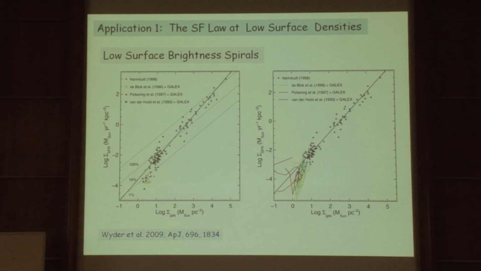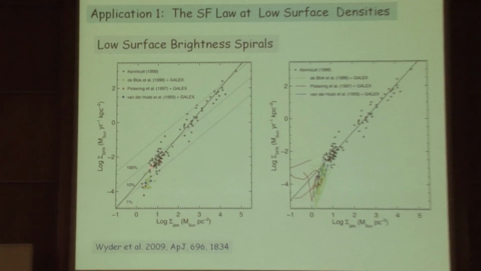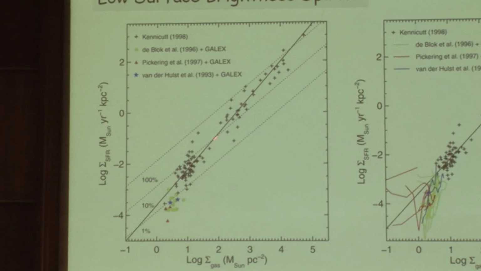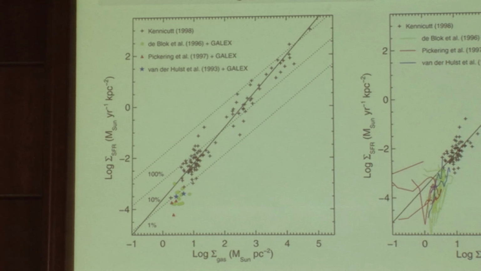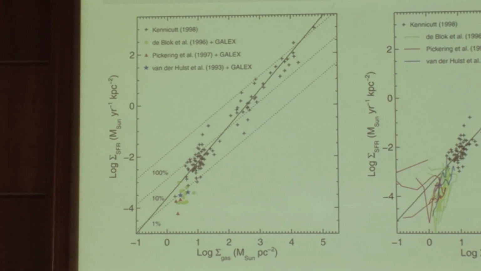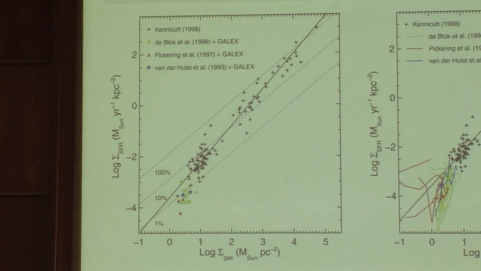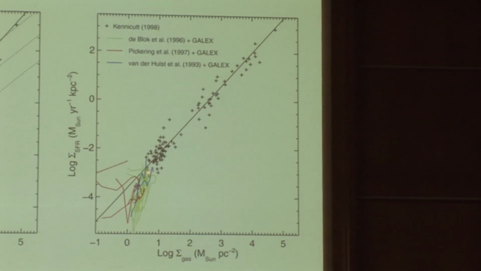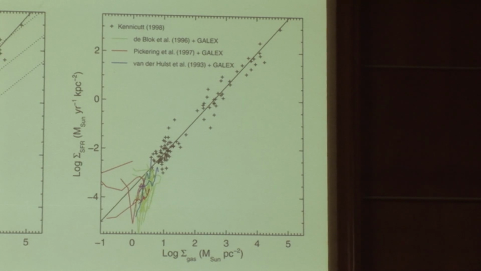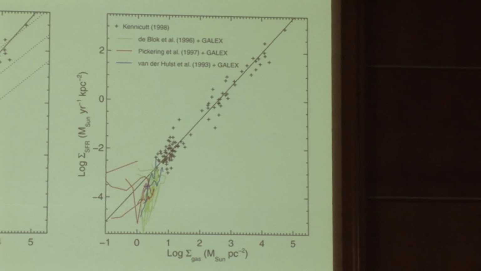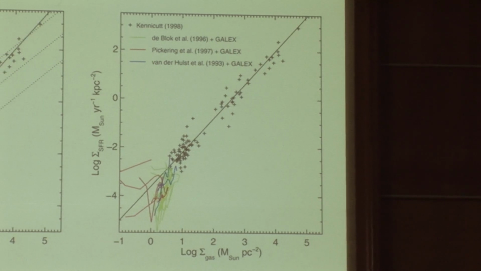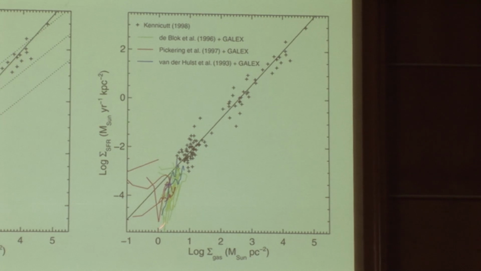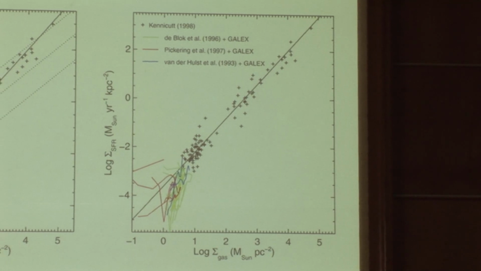And what you see is, in fact, for the first time, we see evidence that this global galaxy average Schmidt law does turn over, due probably to the effects of star formation thresholds at low surface densities. On the right is a diagram derived from the same data set, but rather than plotting each galaxy as a single point, taking the average of the star formation rate per unit area and gas density across the whole disk, each line represents a radial profile in that galaxy.